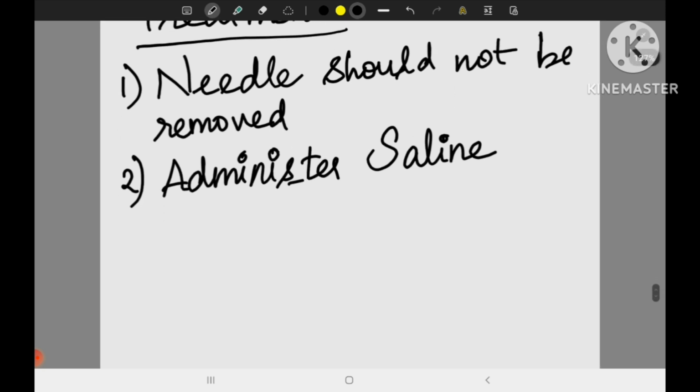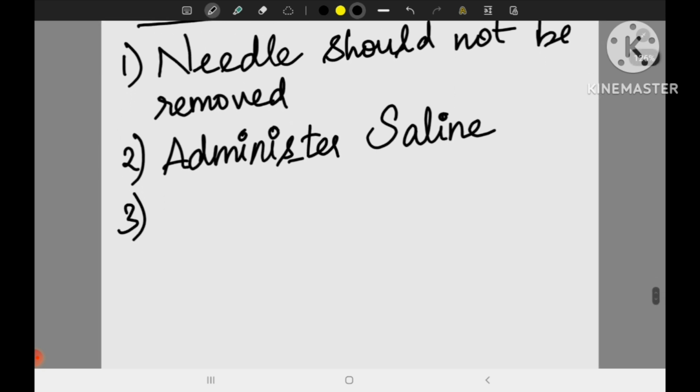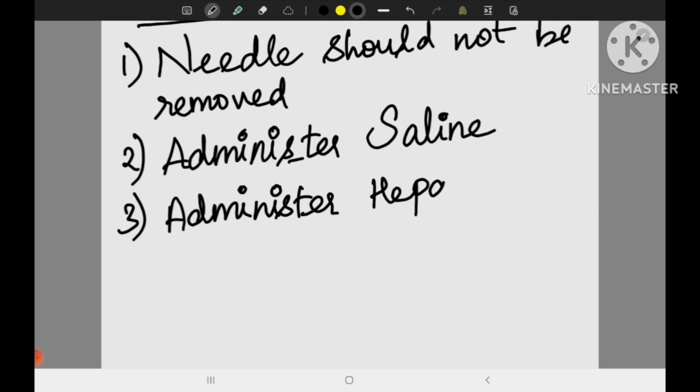So first administer saline. Next, third, administer heparin to prevent further thrombosis. Next, fourth, we have to administer papaverine and lidocaine.